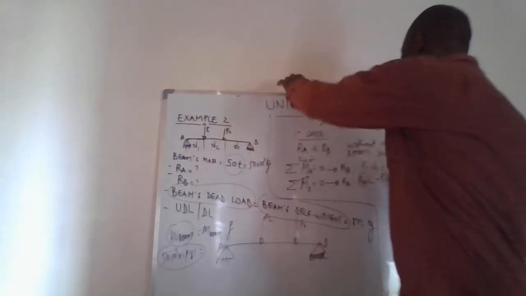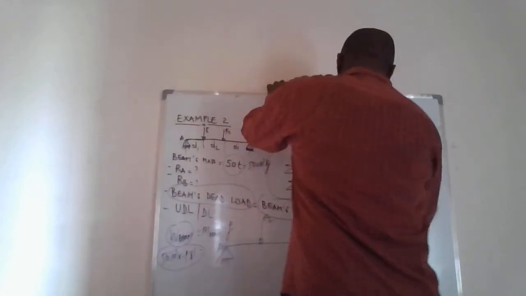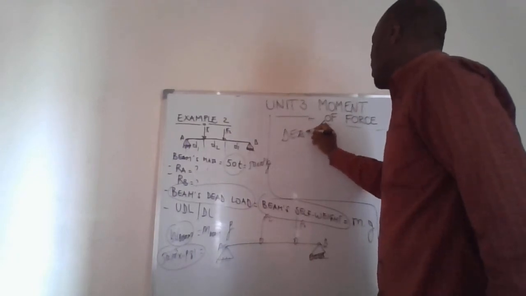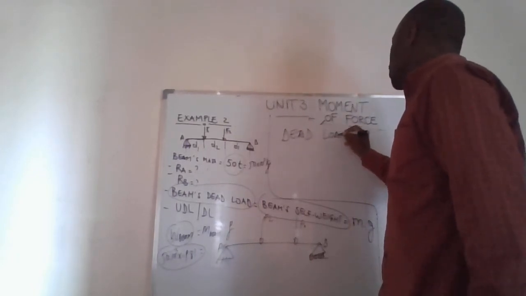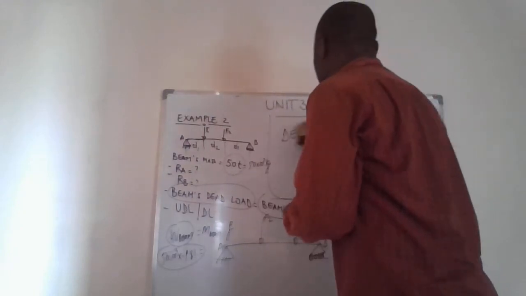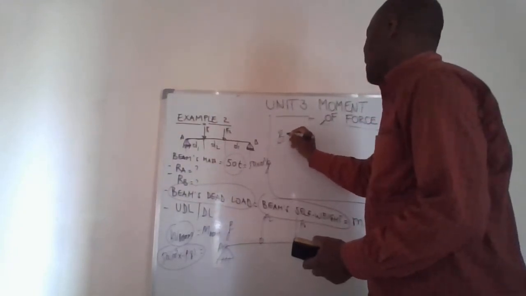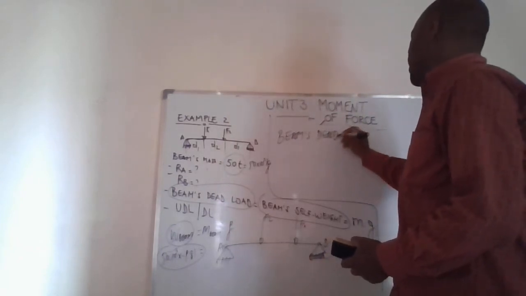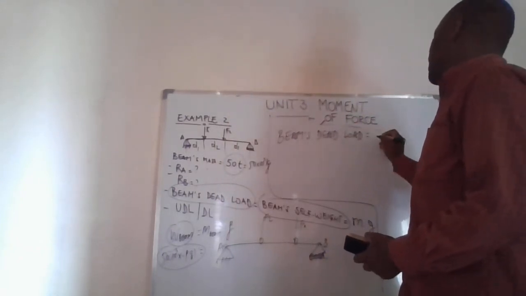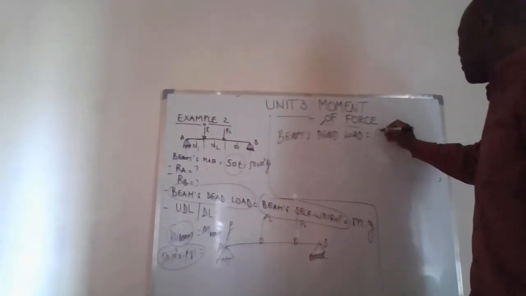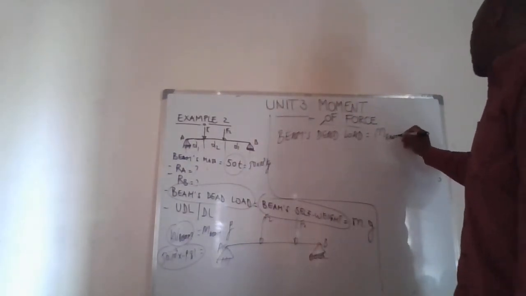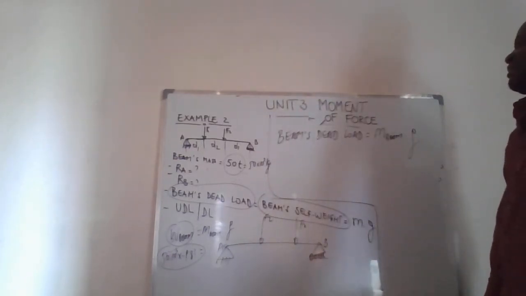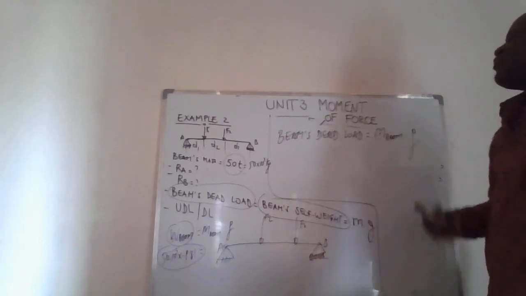And we need to be aware of that. The dead load, we're repeating, the beam's dead load is the weight of the beam, which will be the mass of the beam times g. Always remember that. It's called the dead load of the beam.